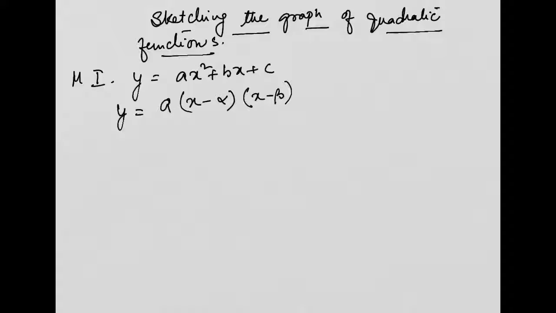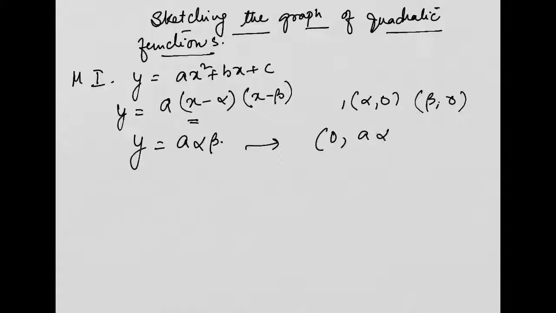Then we have two intercept points on the x axis, alpha and beta, so their coordinates would be alpha, 0 and beta, 0. When we find the y intercept, x is 0, so y equals a alpha beta. So the coordinate would be 0, a alpha beta, and using these 3 points I can plot a parabola like this.